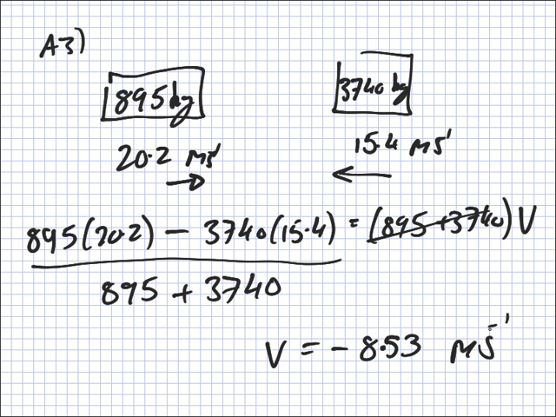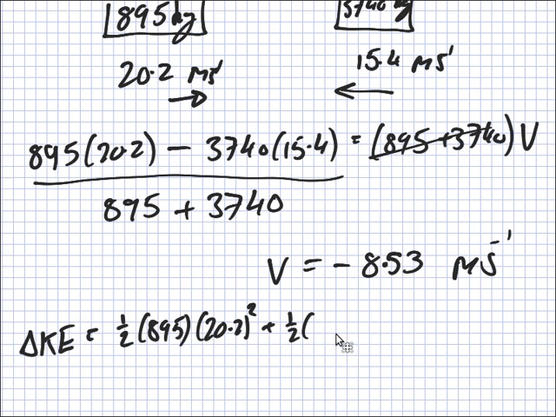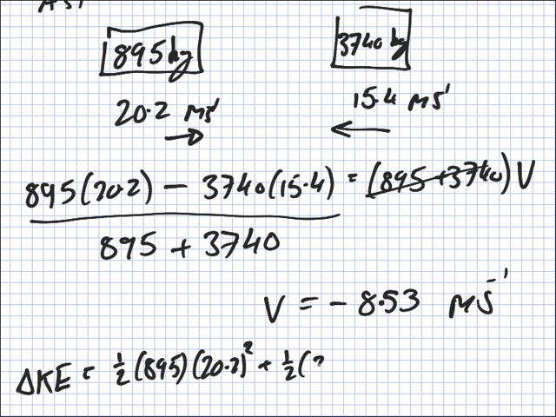Part 2 of this question was, what is the loss in kinetic energy? So, the loss in kinetic energy: it had more energy at the beginning. So that's a half m v squared plus a half m v squared.